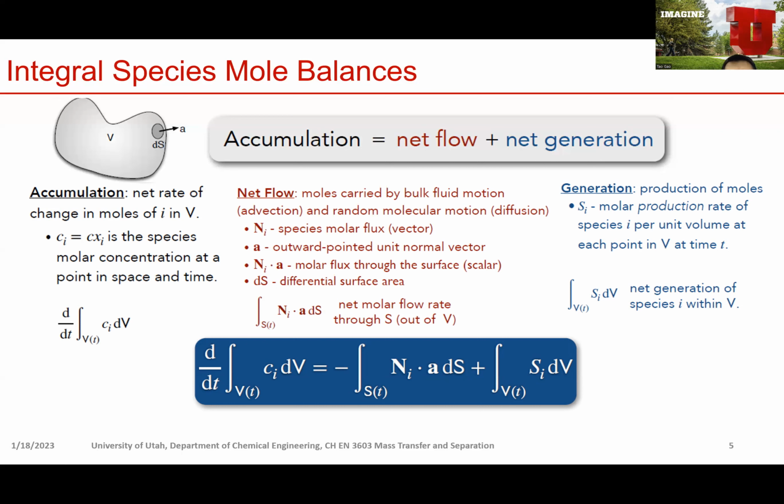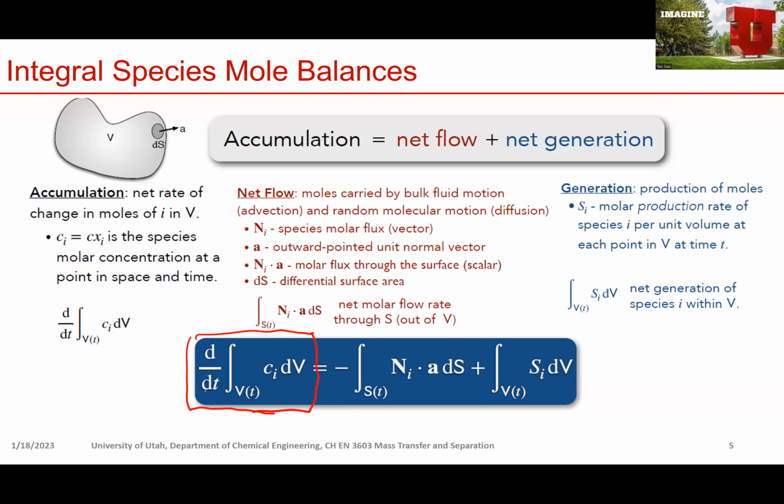On the left-hand side, we have the accumulation term, where we know the concentration of species i in space at any time, and then we can integrate the species concentration over the control volume, which gives us the total amount of species in this control volume. Then we take a derivative, which tells us how fast it changed. That gives us the accumulation.